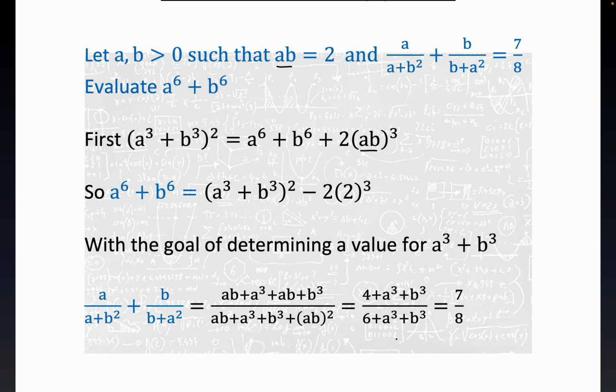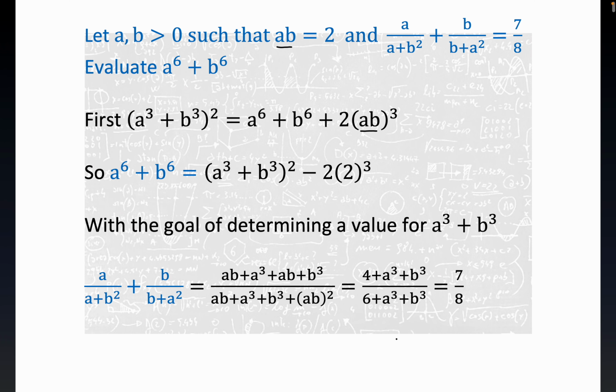Now notice here that if we tried something kind of obvious, let me just write this over here. It's tempting to check a cubed plus b cubed equals 3. But if you do that, that implies 7 over what?